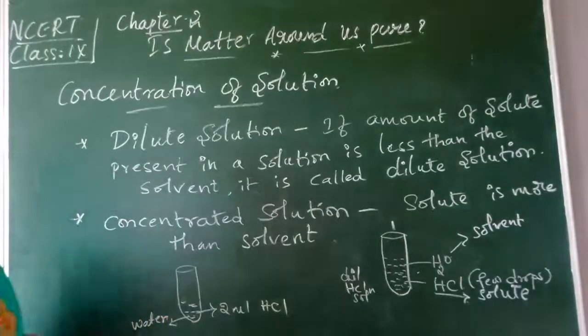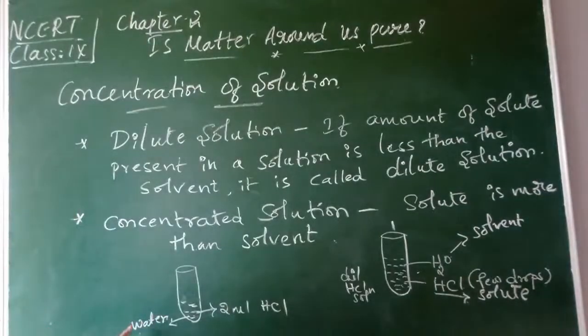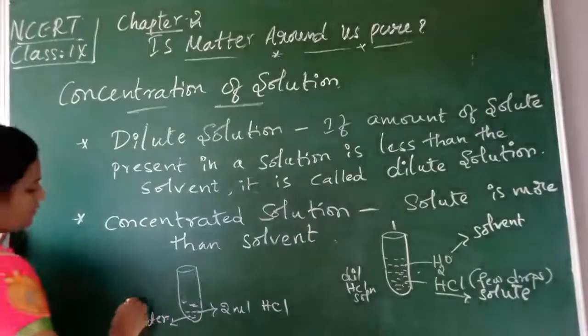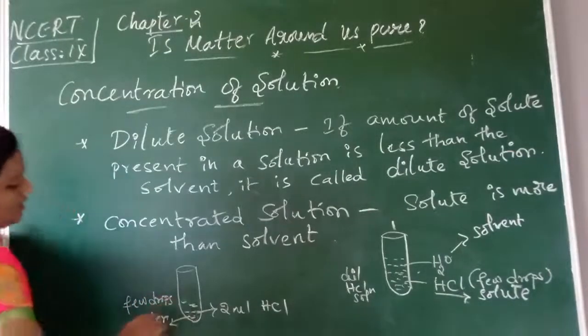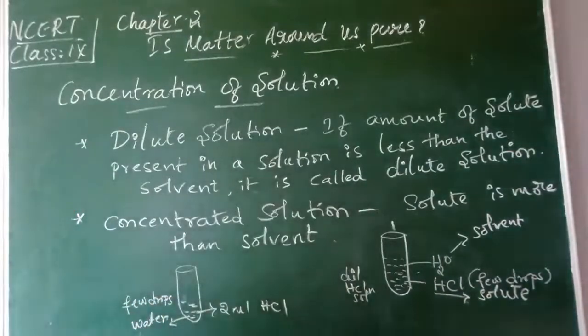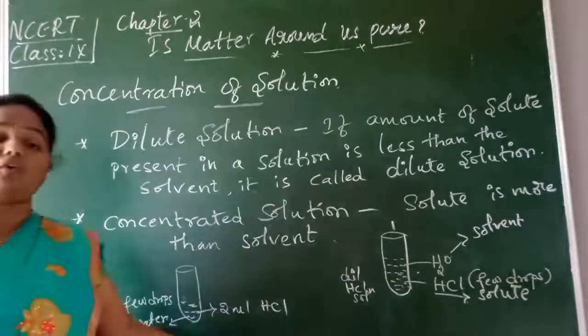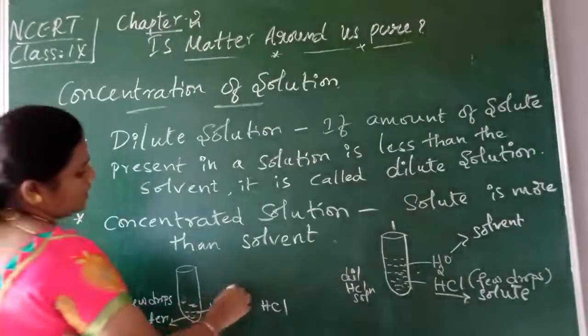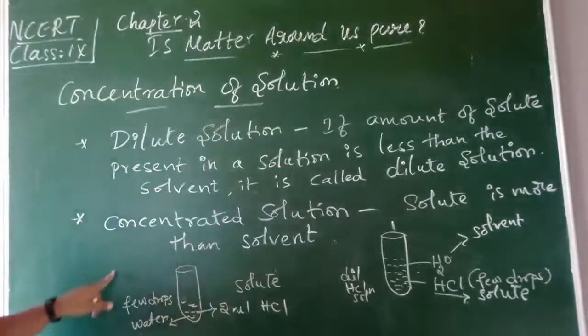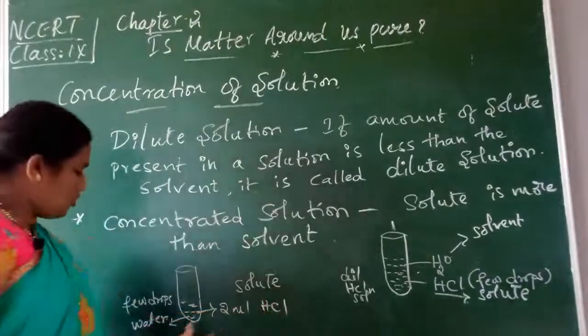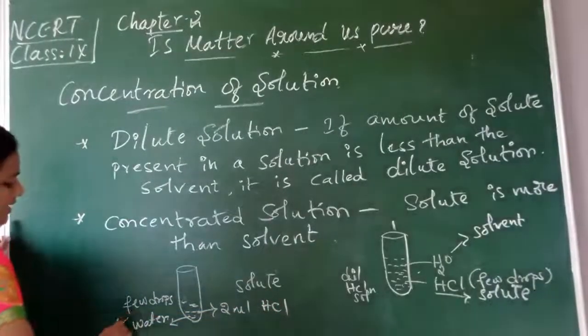It means the amount of water is now less, because we are adding only a few drops of water. This solvent is less, but the solute is more. Then such a thing we will call a concentrated solution. If the amount of solute is more than that of the solvent, then it is called a concentrated solution.